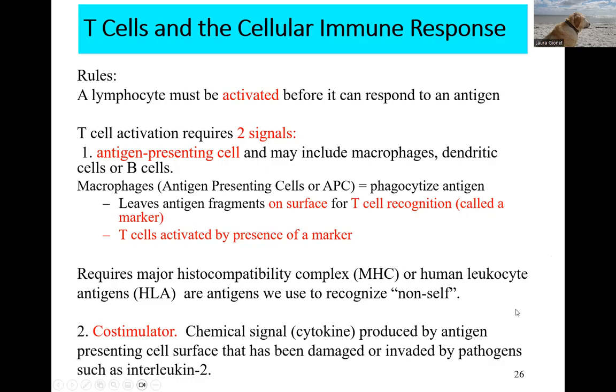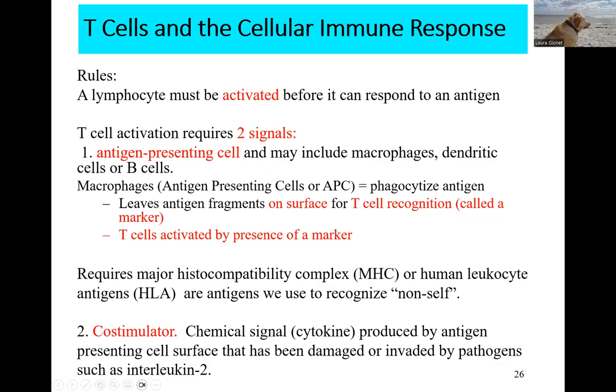Okay. In addition to having some kind of antigen-presenting cell, for the most part it's going to be macrophages, but it could be a B cell, and it could be a dendritic cell. They're going to do somewhat the same thing. They bring the antigen to the helper T cell, and then the helper T cell is going to stimulate the T's and the B's. Okay, but we also need a co-stimulator.